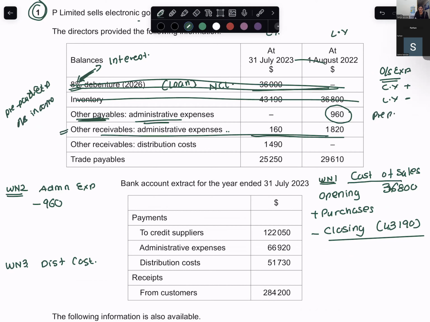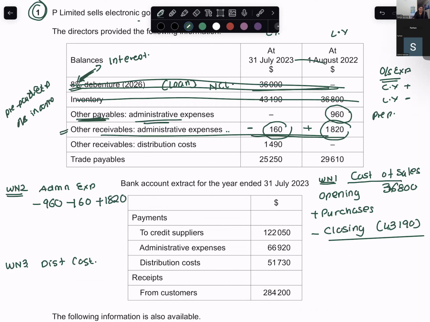This is prepaid of the current year, and this is prepaid of the last year. Prepaid of the current year you will minus, and of the last year you will add. So I will do minus 160 plus 1820.